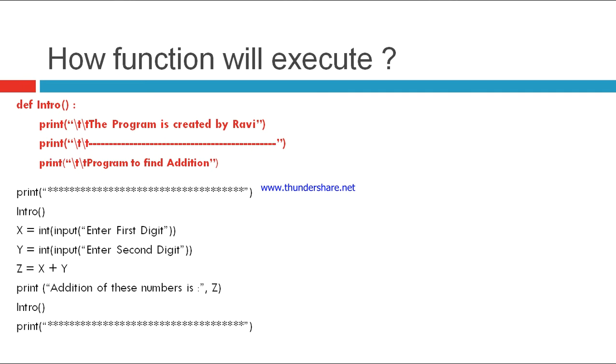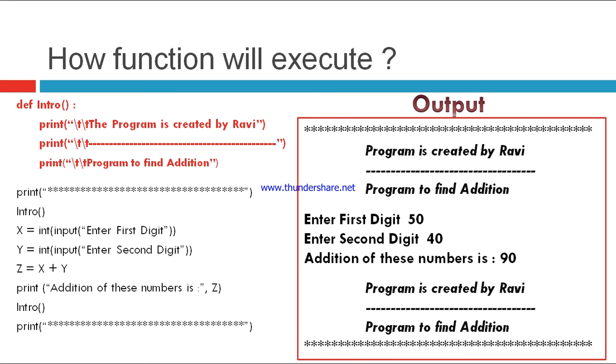It is on the same indentation level where def intro is written. Print, then intro. In the 5th line, the calling of the intro function is there. If we want to see the output of this program, just check the output. If we execute this program, the output is like this one.